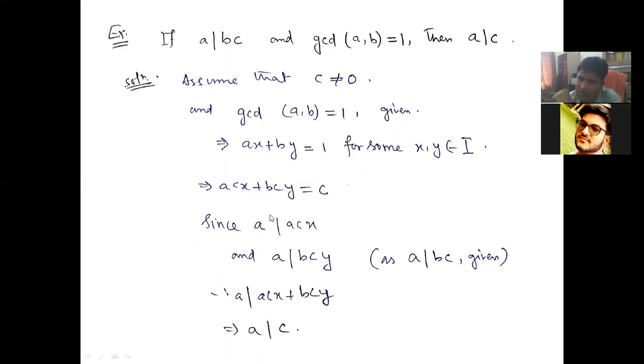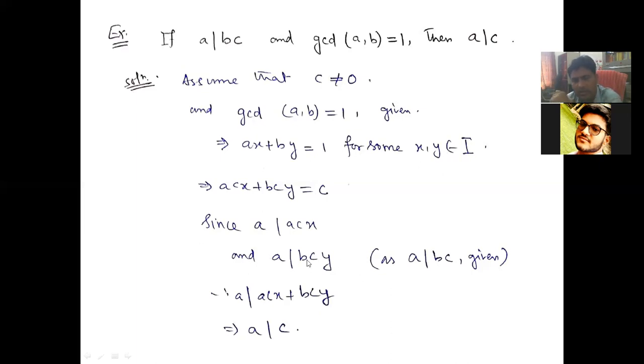So कोई भी नंबर A divides A into any number. So A divides A into CX and also A divides BCY, यहाँ given है A divides BC, उसको और कोई मल्टीपल कर लीजिए, BC को और बड़ा मल्टीपल रख लीजिए, y के मल्टीपल, ये सब इंटीजर है y.